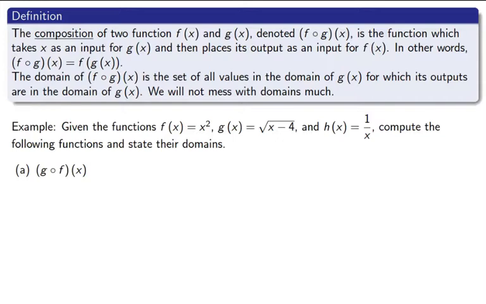The usual notation for this is f and then this circle, which means composed with g of x. In practice, we immediately pay attention to which function is first and just rewrite it as f of g of x, which is usually the words that I say, f of g of x.